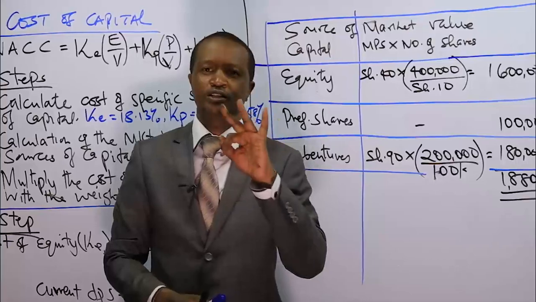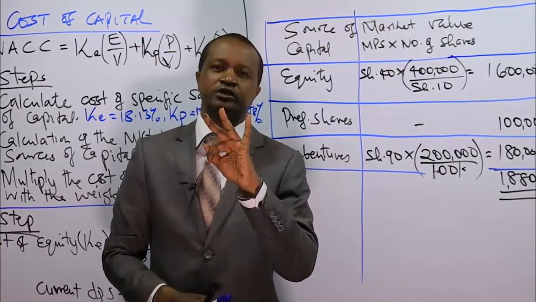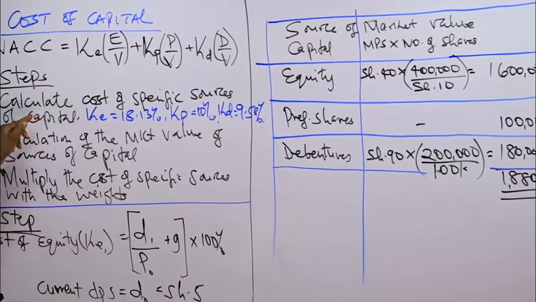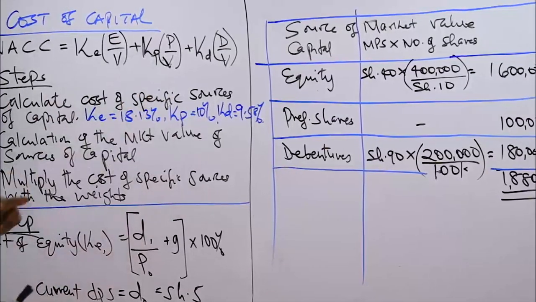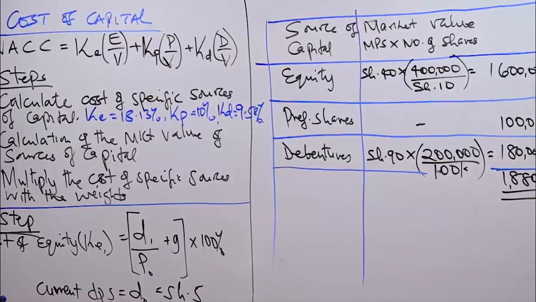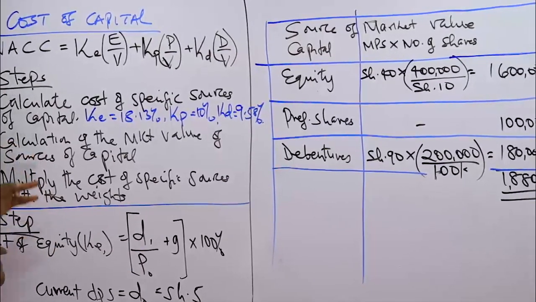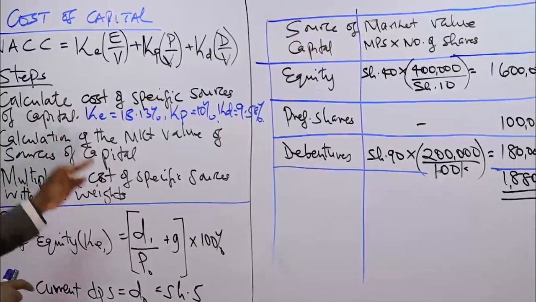There are how many stages? 3 stages. Step number 1, calculate the cost of specific sources of capital. Step number 2, calculate the market values of sources of capital.